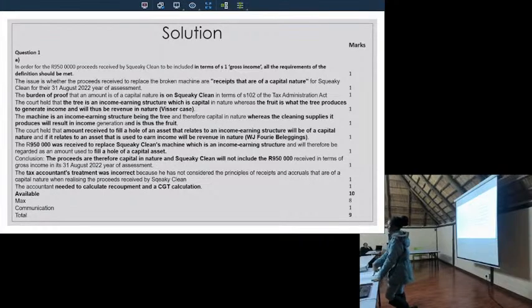So we normally use section 8(4)(a) because that's a section that talks about recoupment. If you go to section 8(4)(a), I'll read it for you. You have not yet covered it. So it says there shall be included in the taxpayer's income all amounts allowed to be deducted or set off under provisions of sections 11 to 20.